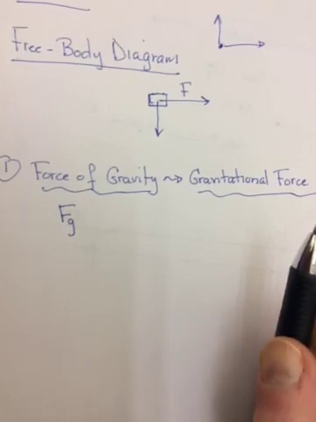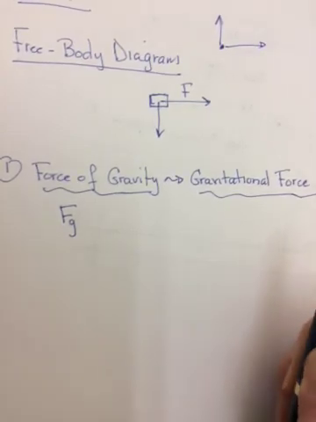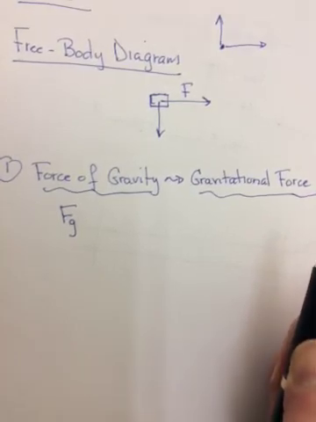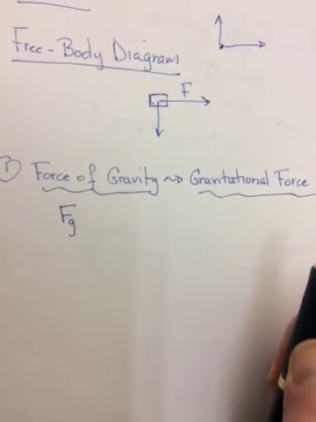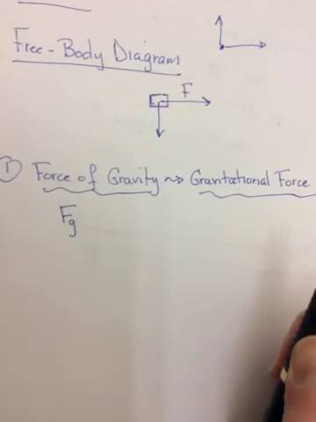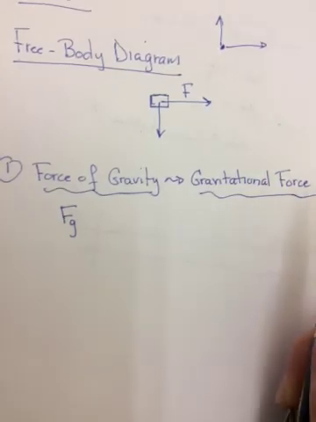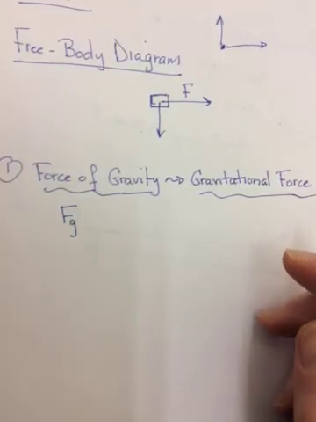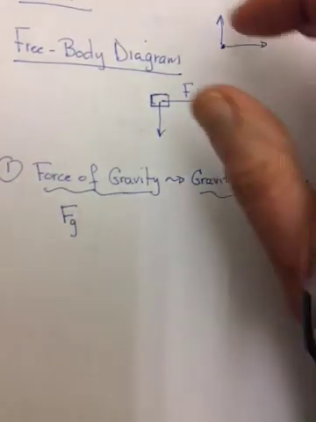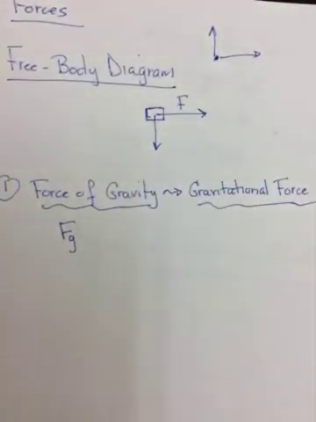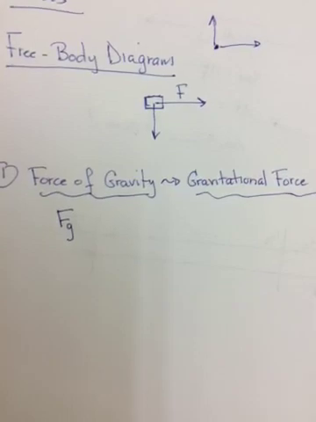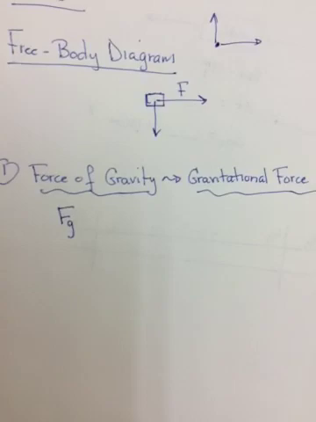But he was probably sitting somewhere and saw an apple or something fall and began to ponder what made it fall, because nothing was touching it. And he believed, and you'll learn about this when we do his 3 laws of motion really soon, that an object wouldn't just move on its own, that if it moved, there must have been a force applied to it. So if you think back to our kinematics unit, we looked at all the changing motion of objects, an object accelerating, an object slowing down.